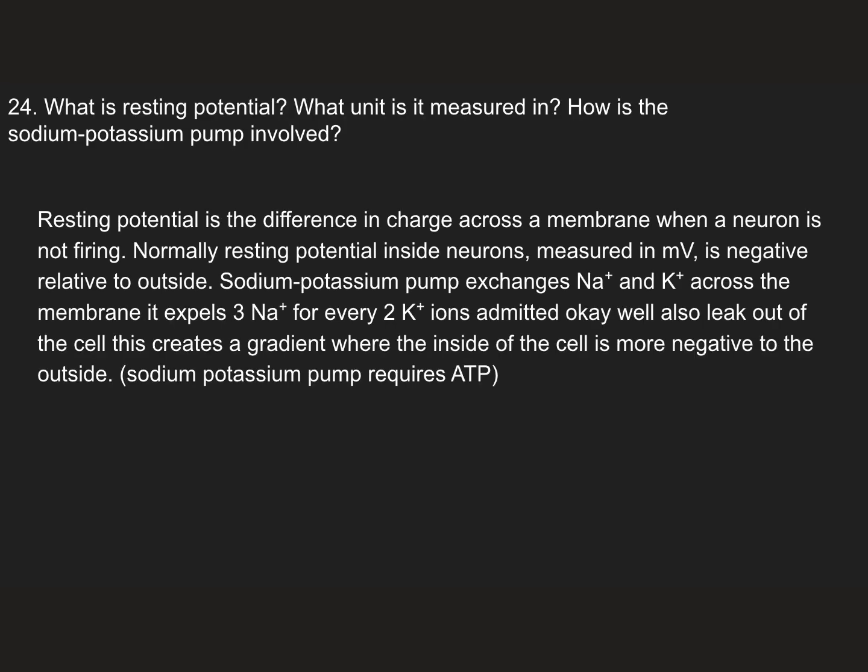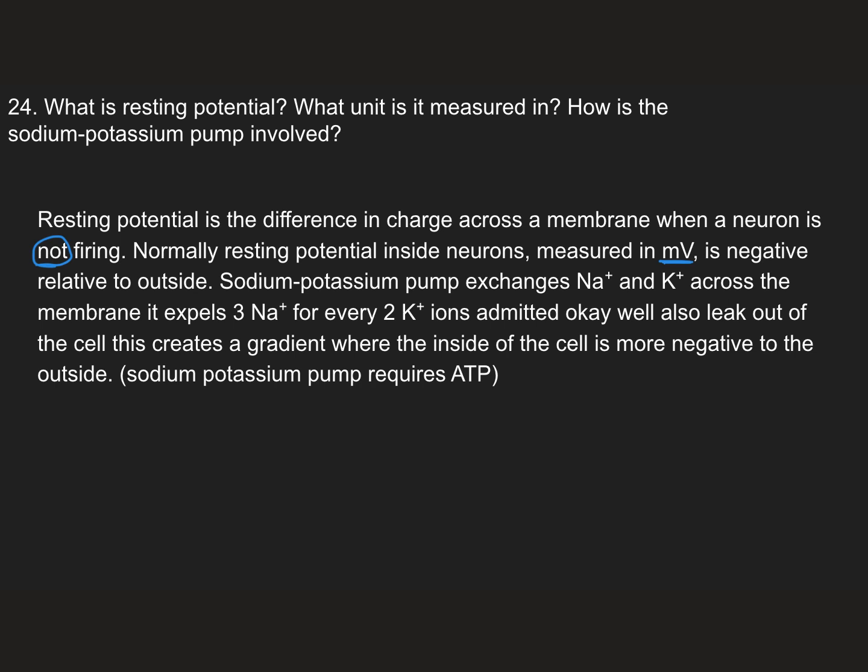All right. Number 24. What is resting potential? What unit is it measured in, and how is the sodium-potassium pump involved? Resting potential is the difference in charge across a membrane when a neuron is not firing. Normally, resting potential inside neurons, which is measured in millivolts, you need to know that, is negative relative to the outside of the neuron.